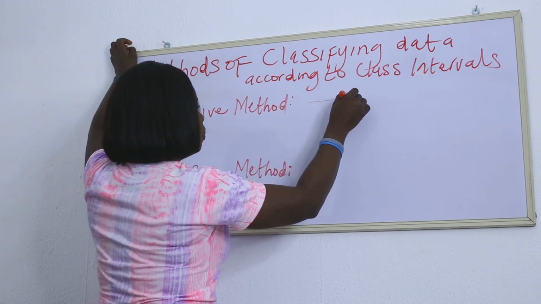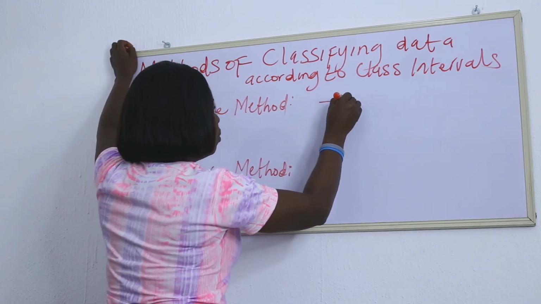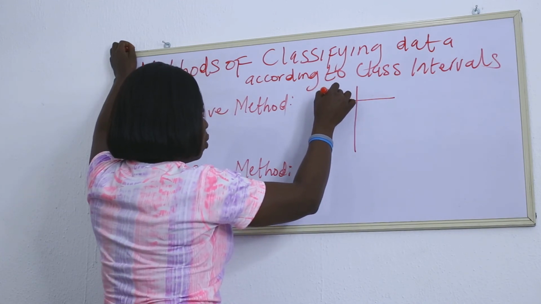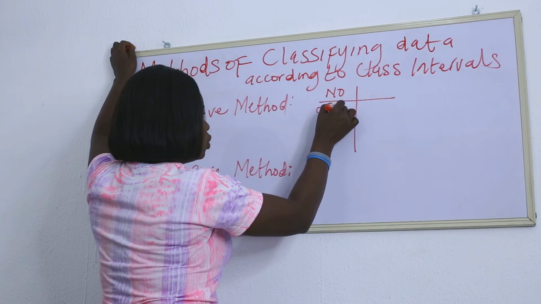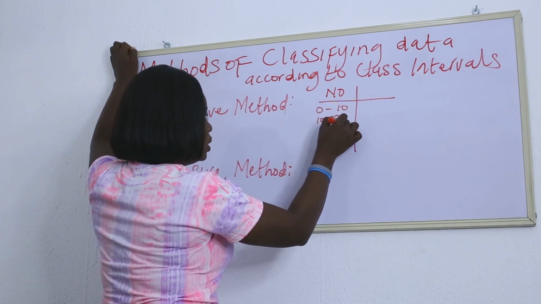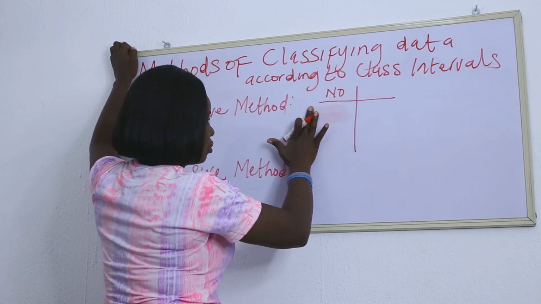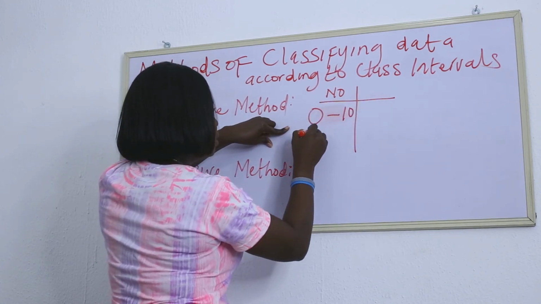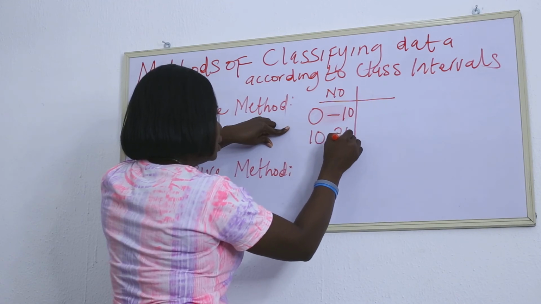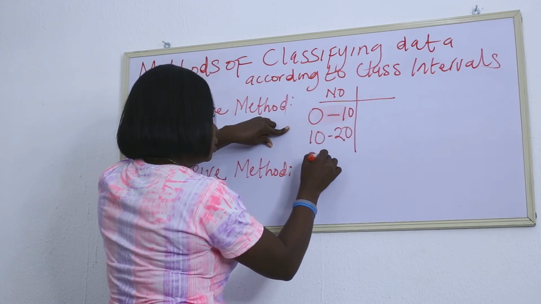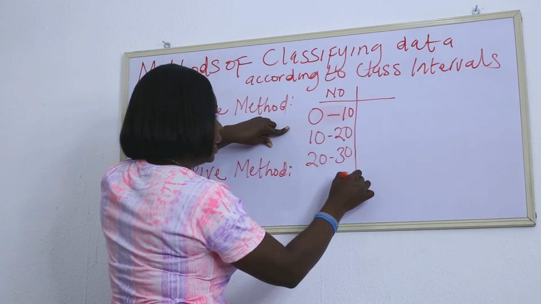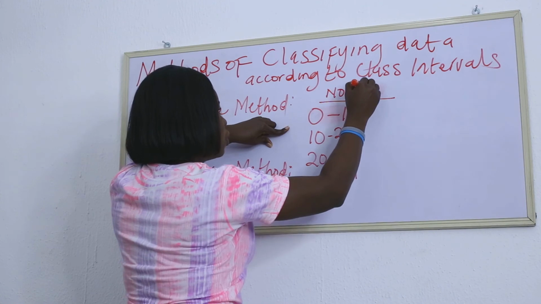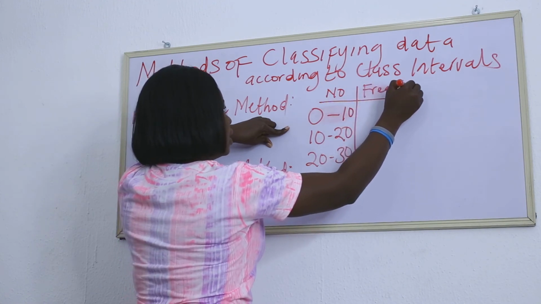Let's take, for example, the number of students. We have marks, continuous. We say 0 to 10, 10 to 20, then 20 to 30, and we have the frequency.